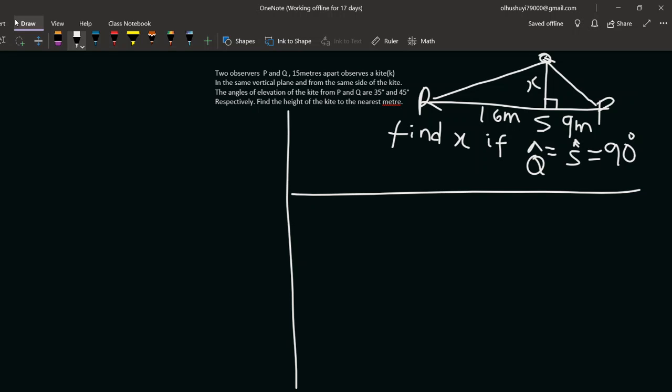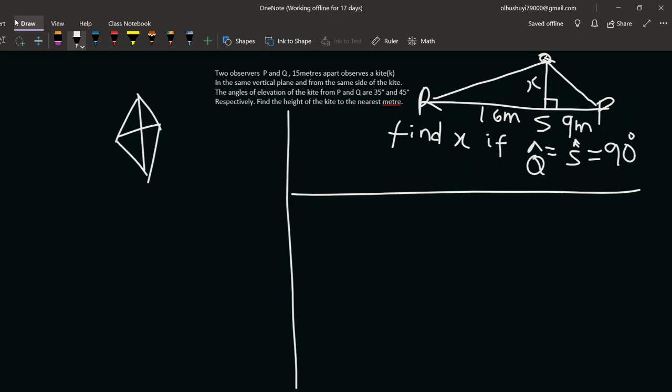So let's assume we have a kite here. Two guys are looking, or two observers. One is at P, one is at Q. They said that both of them are 15 meters apart, right? Now, the angles of elevation of the kite from P and Q are 35 degrees and 45 degrees respectively.